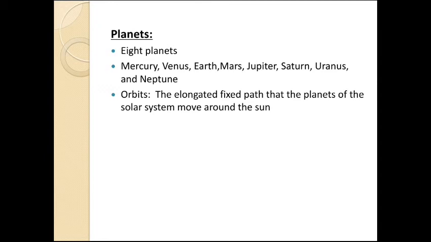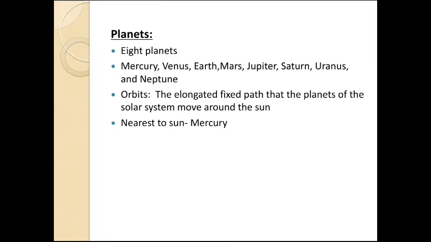And what is meant by orbits? They are elongated fixed paths along which the planets of the solar system move around the sun. These are elongated paths. They are not similar to a circle, but they are elongated and fixed. And the planets move around these orbits in the solar system, moving around the sun.